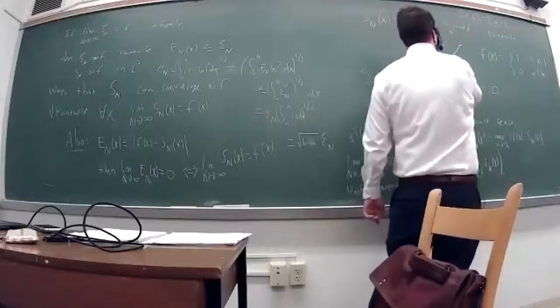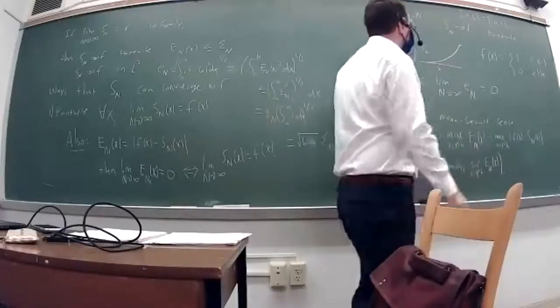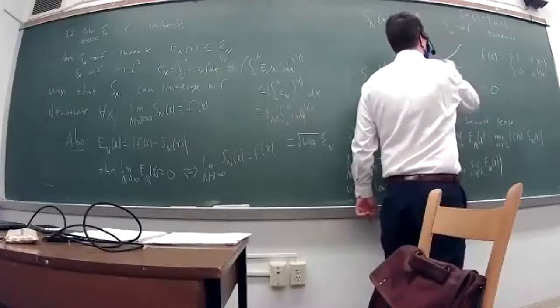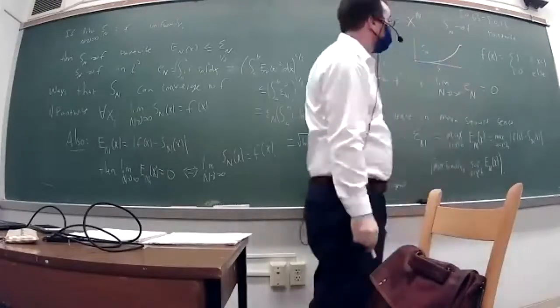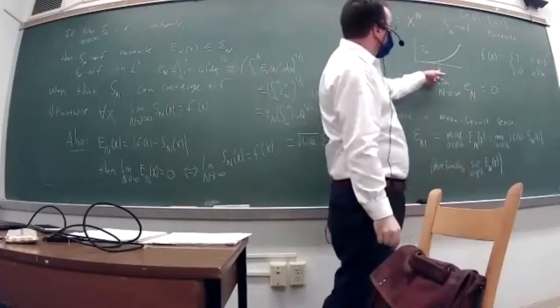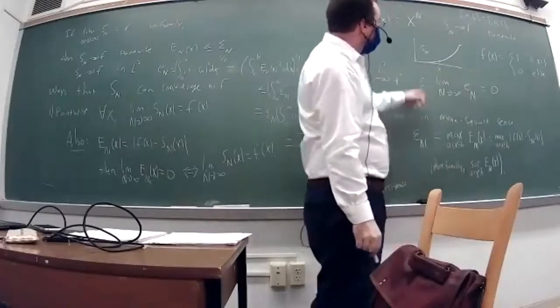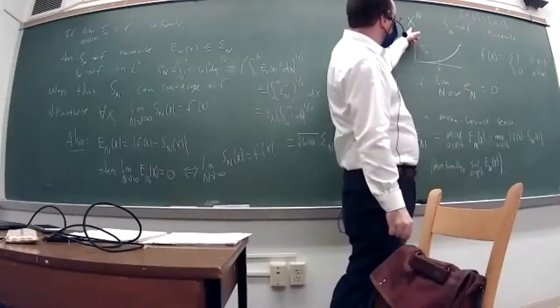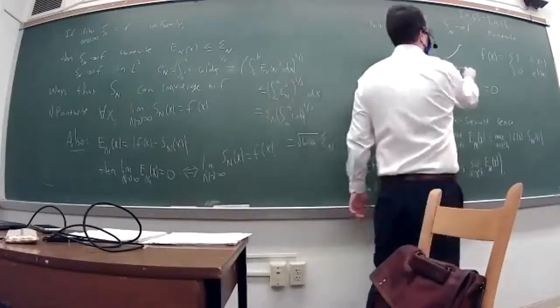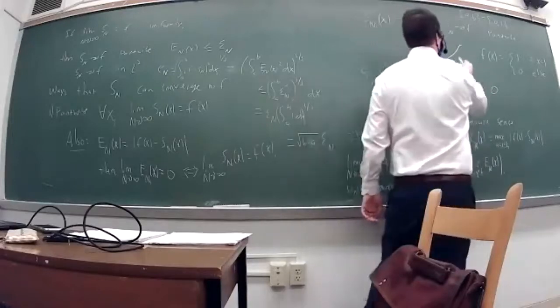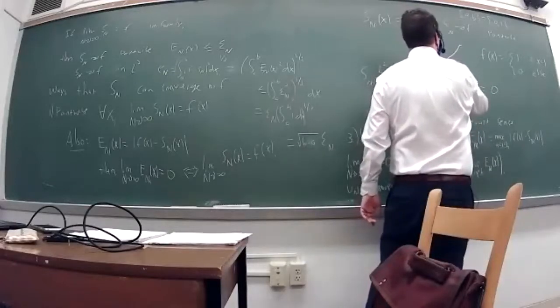For any particular x, like this x in the middle here, the difference between f of x and S_n of x is small. So if you fix x, that difference will get smaller and smaller and go to 0. But for any one of these x_n's that you pick, if you now allow x to vary from 0 to 1, and then look at the maximum of those errors.